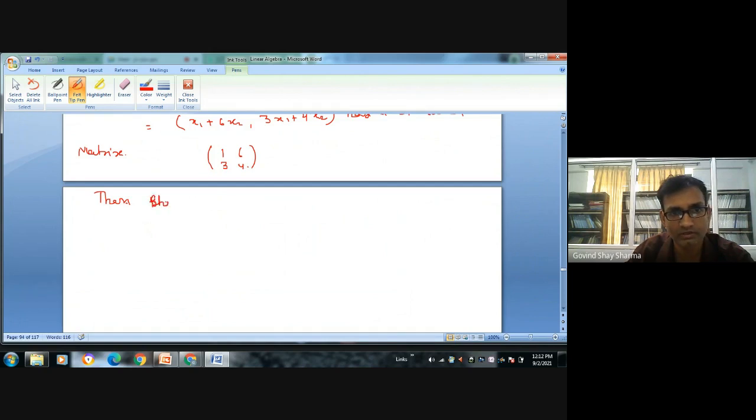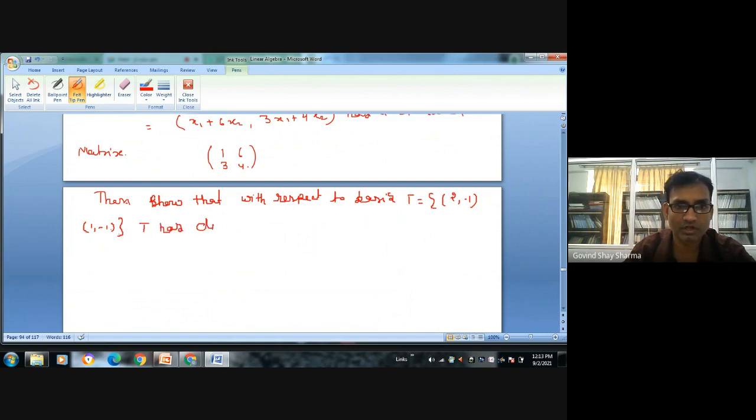Then show that with respect to the basis (2, -1) and (1, 1), T has a diagonal matrix representation.